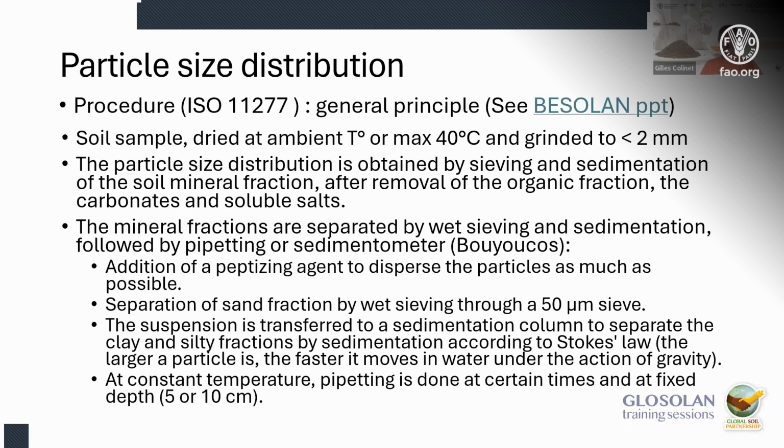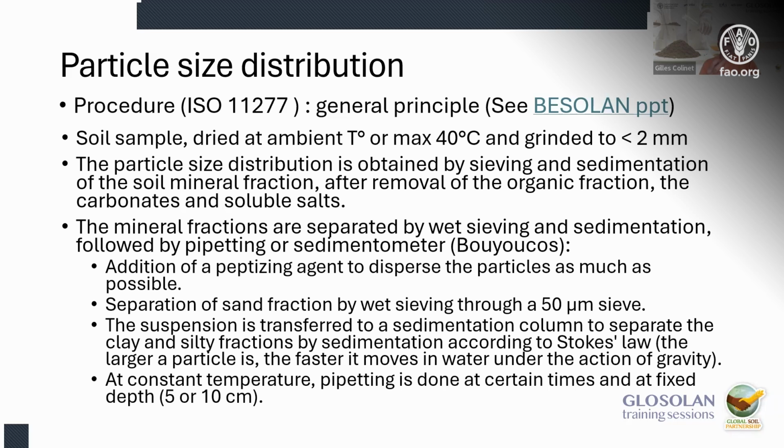And that's it. So after sieving at 50 micron, on one side we have the sand. And on the other side, we have a suspension that we put into a sedimentation column. The principle of the measurement is that we agitate the solution and leave the particles to settle down to the bottom of the column.